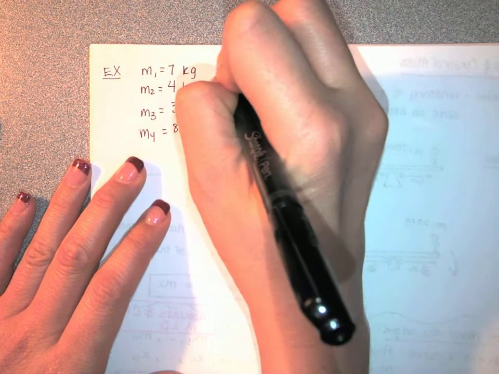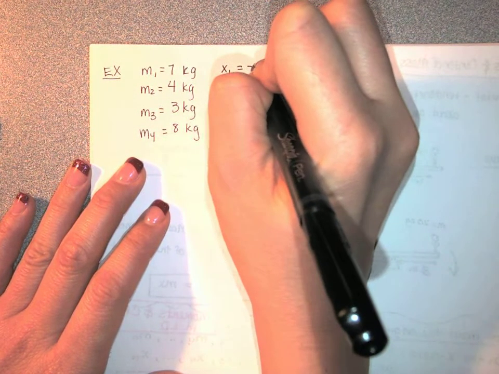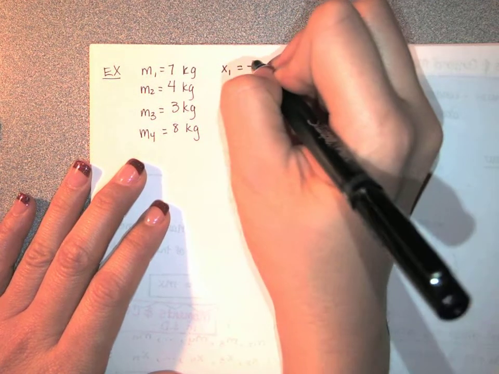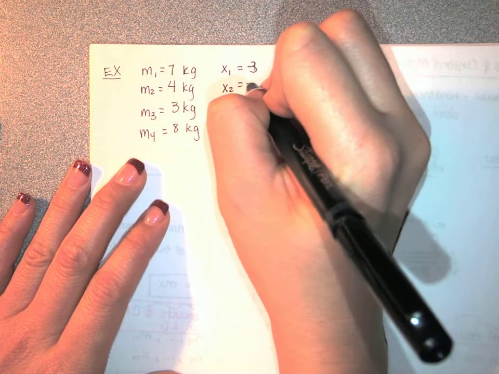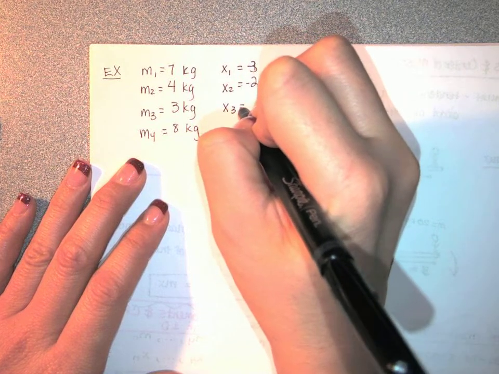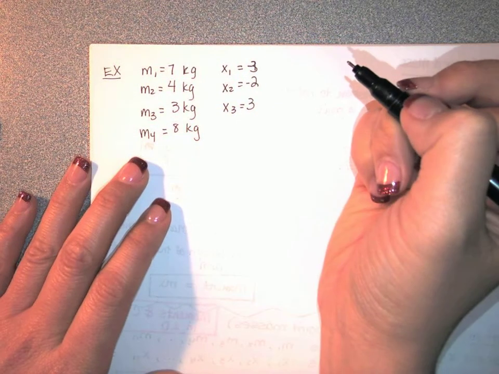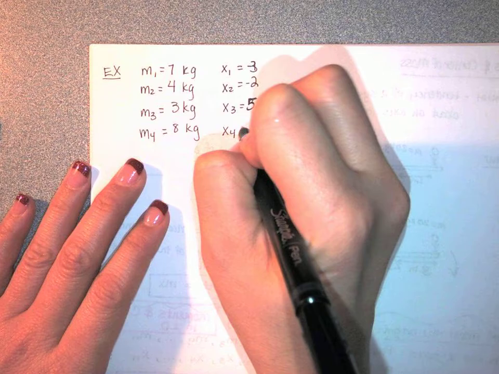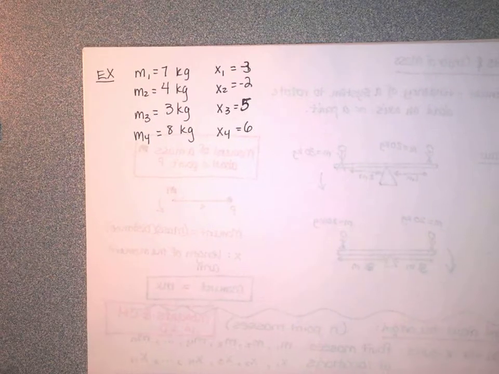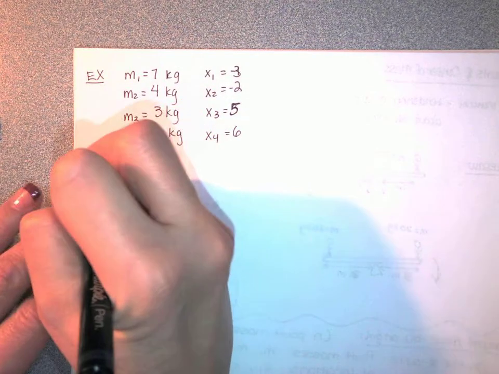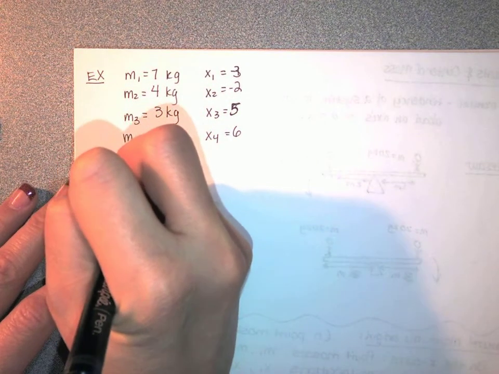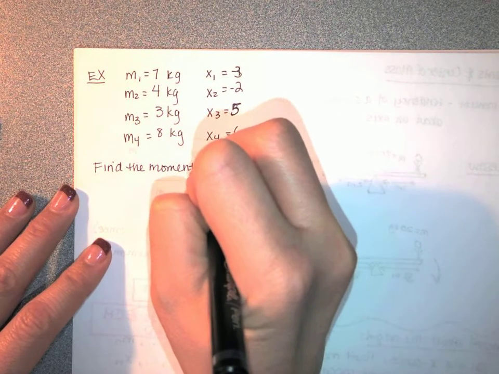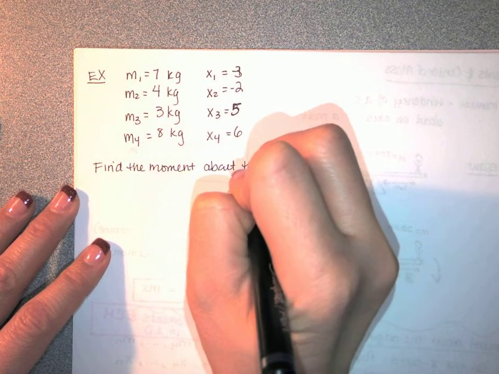And they're at these locations on our axis: -3, -2, 3, or actually 5, and 6. Okay, so somebody might ask you to find the moment about the origin and then the center of mass.